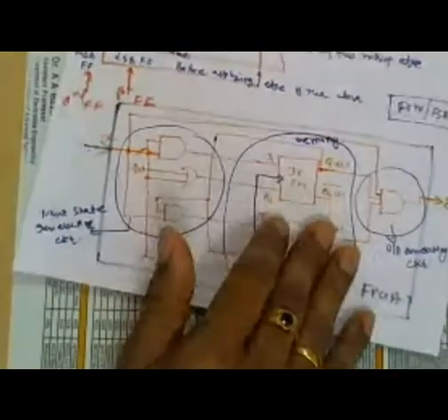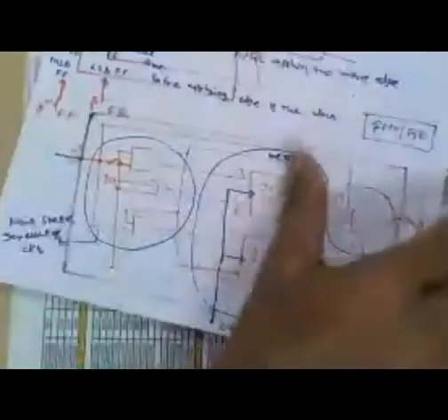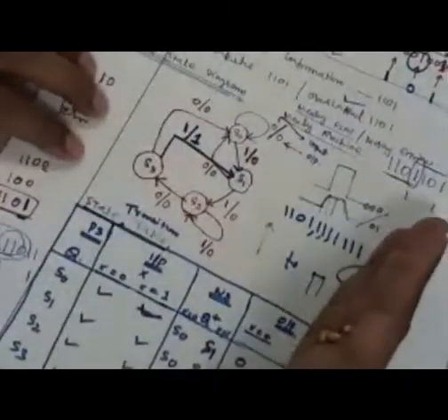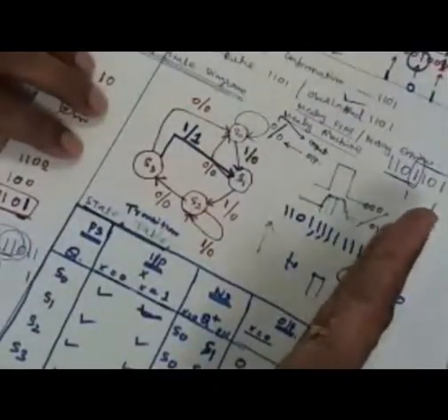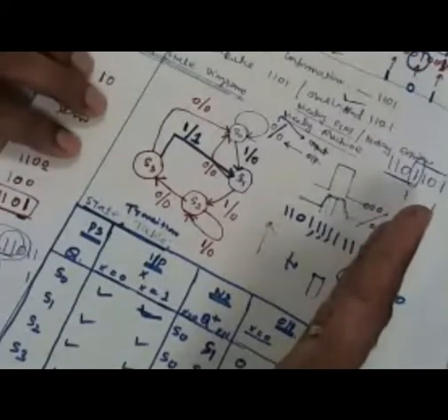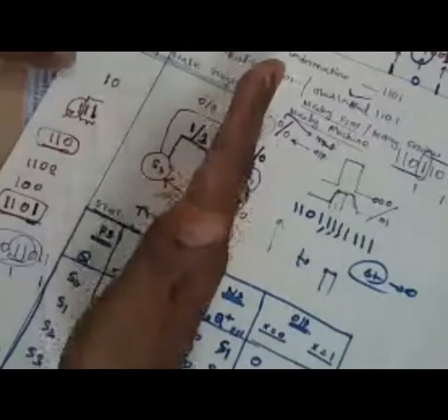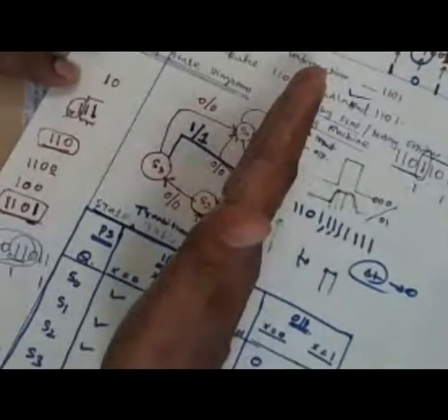Just with the help of your state table or state diagram, you can straight away move into the VHDL implementation and generate the digital circuits based on the state diagram. Then the tool will optimize it and select the flip-flops.